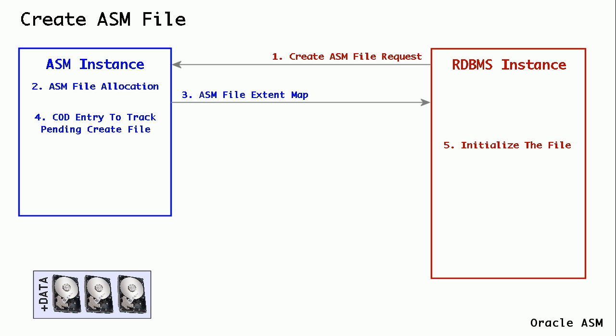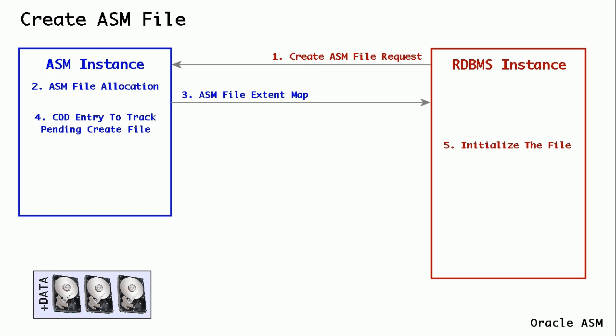At this point, for any reason, if database aborts the file create operation, then ASM Instance uses continuing operations directory entry to roll back the file creation by removing related entries from ASM file allocation table and by removing file directory entry and alias directory entry.